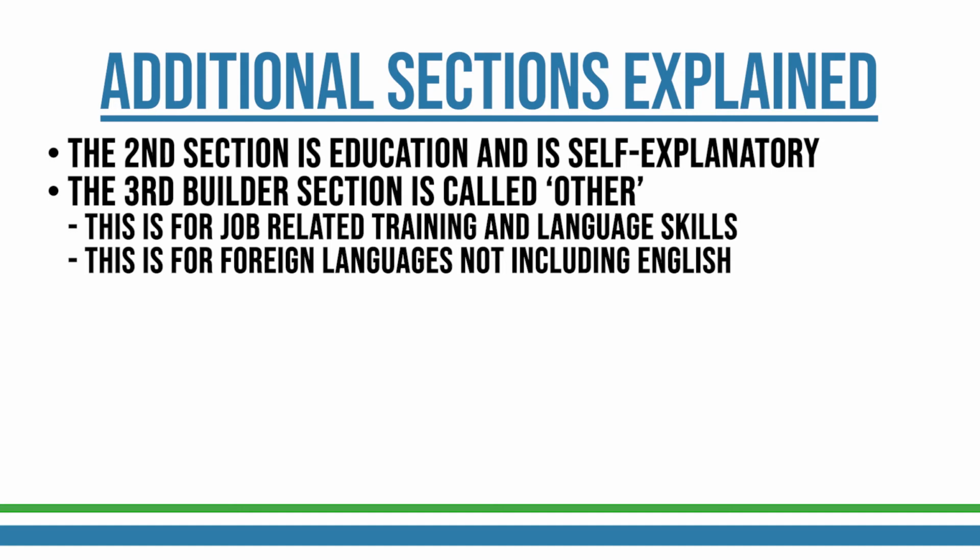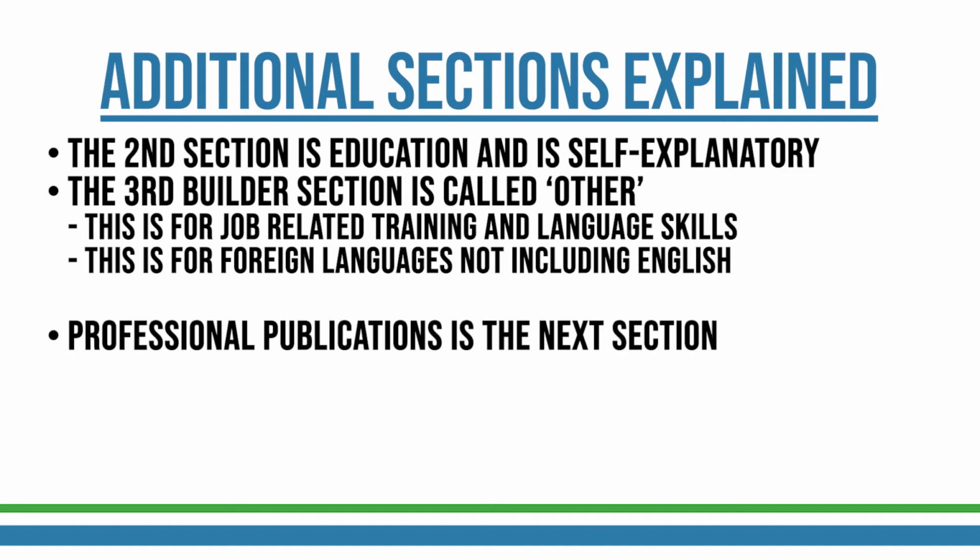So professional publications is next. So for those of you who are researchers or academicians and you have publications, this is where they go. This, I believe, is 5,000 characters, so you may not be able to get in all of your publications.